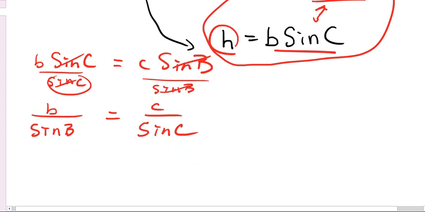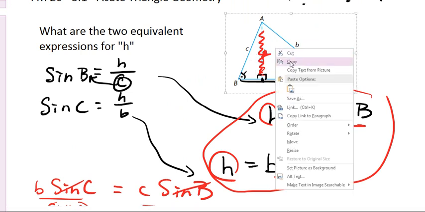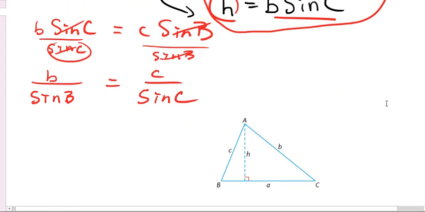Again, this is from the same triangle that we started with, this ABC triangle, and now we don't have any H in there. Let me copy that and bring it down here. The H is effectively gone.